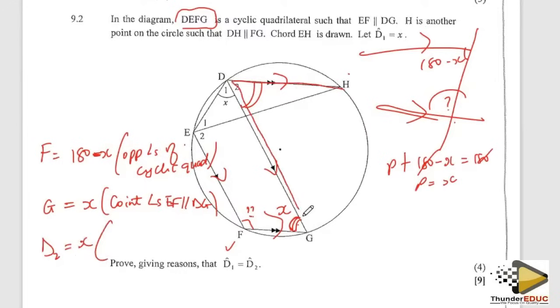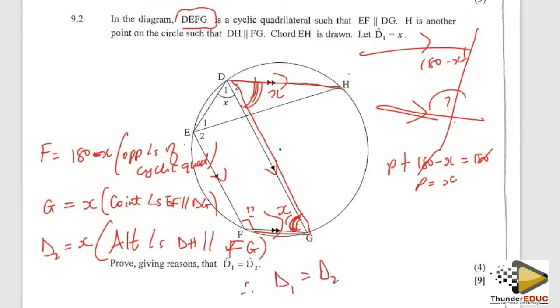Because these are alternate angles, since DH is parallel to FG. Then if D2 is X, to a conclusion, therefore D1 is the same as D2.